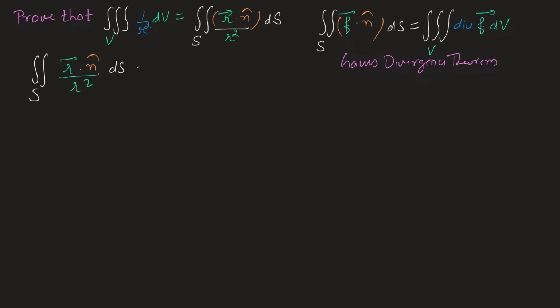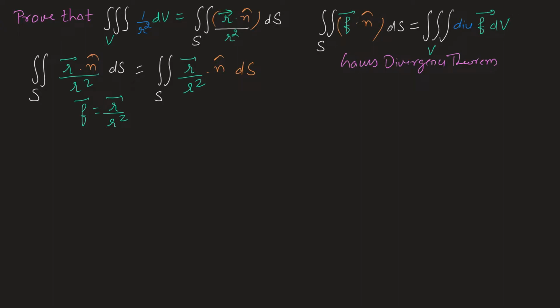This can be further written as the double integral over surface S of r vector by r square dot n cap dS. Now comparing it with this one, comparing will give F vector is equal to r vector by r square.